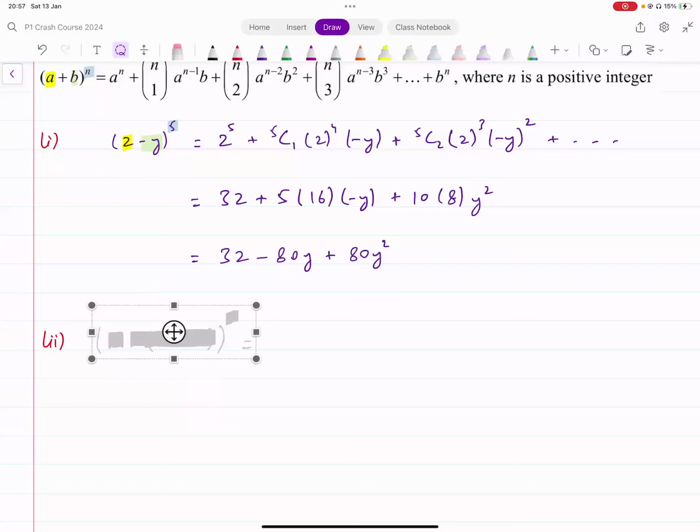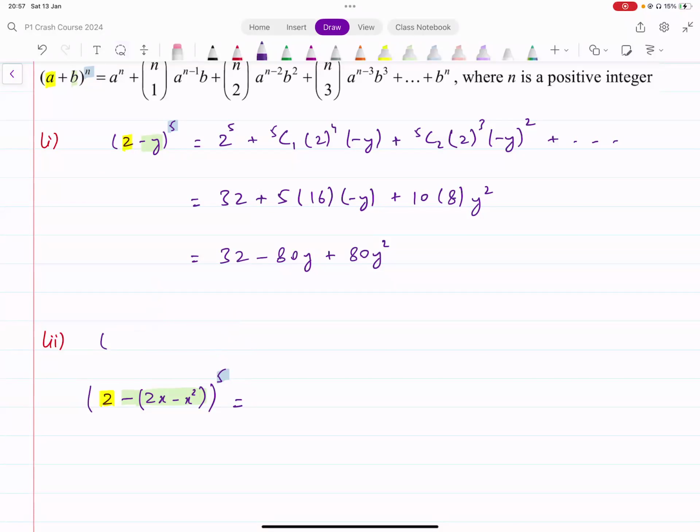In the first part, what we have done is, we have expanded 2 minus y whole raised to power 5, and that gave us 32 minus 80y plus 80y squared. That's what we've done in the first part.